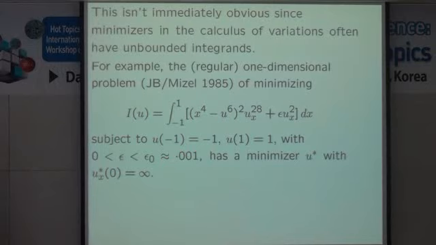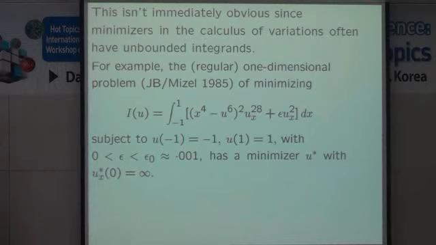So if you look at this functional, it is strictly convex in the gradient u sub x. In fact, its second derivative with respect to u sub x is strictly positive. It's bigger than 2 epsilon, and epsilon is strictly positive. So this is what is called in the trade a regular one-dimensional problem of the calculus of variations.